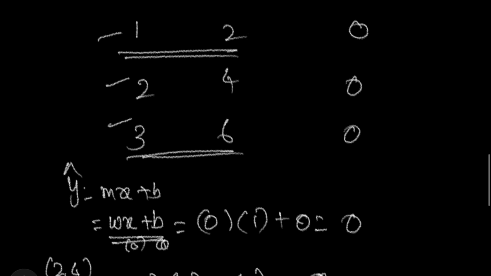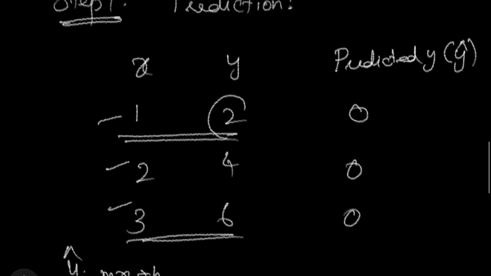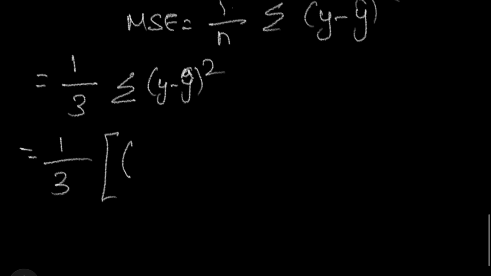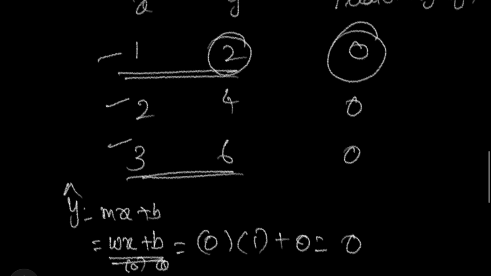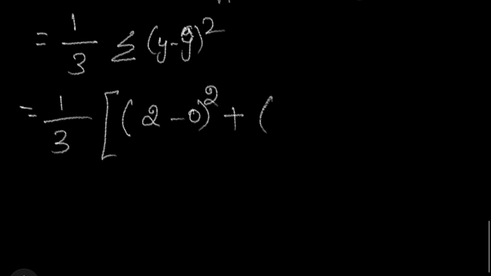I'll take all three values. What is the y value here? It is 2, and the predicted value is 0. So we'll take 2 minus 0 the whole square, plus 4 minus 0 the whole square, plus 6 minus 0 the whole square.